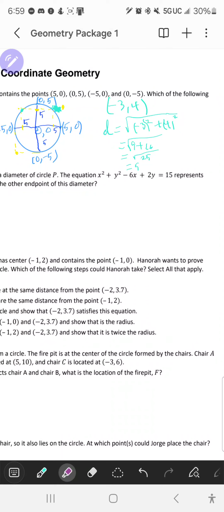In your classes, you should have studied the circle formula, which is very useful later on throughout all your studies. So it's better to learn it now than just forget it later.